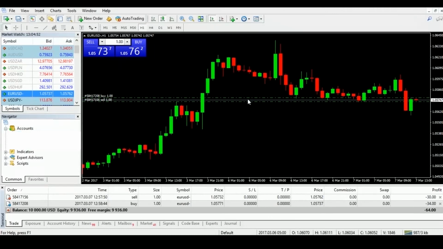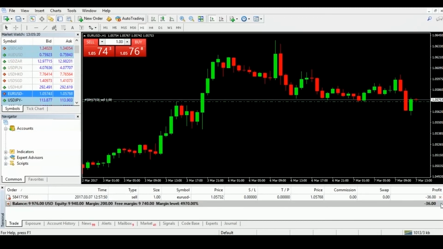Now, another way in which you can exit a trade is by manually exiting it. So over here, we have got 2 negatives. Now, let's say that we think that the overall direction of price is going to be down. Okay? So we can then just decide we are closing one trade and it will automatically close.